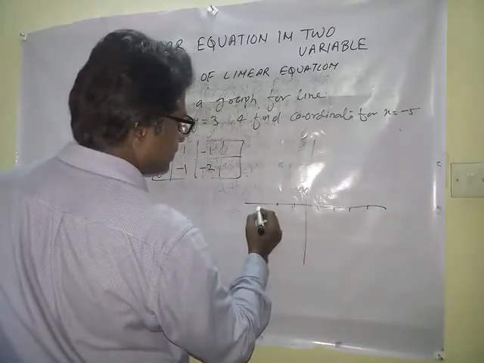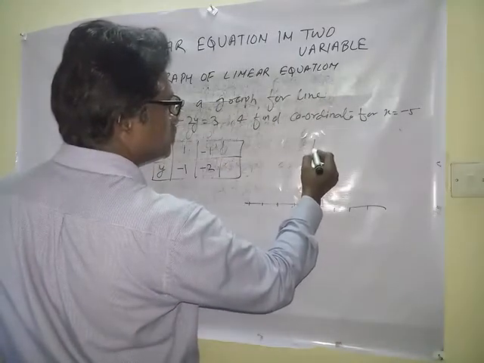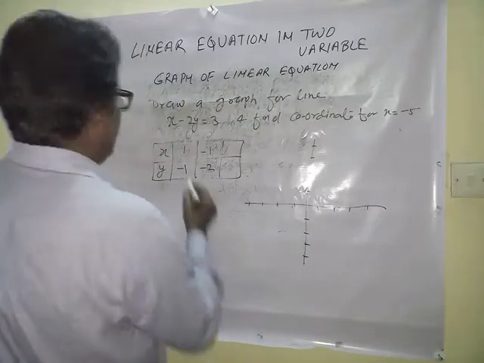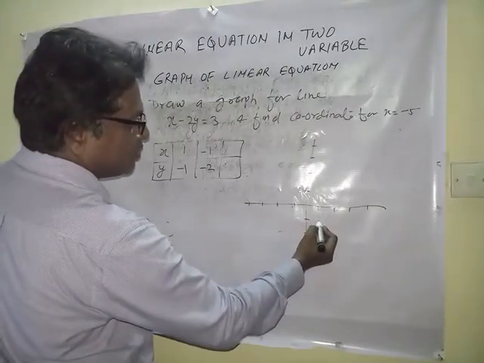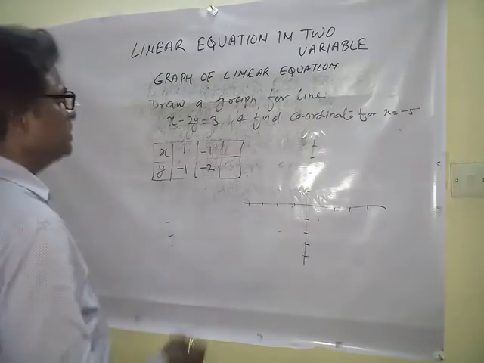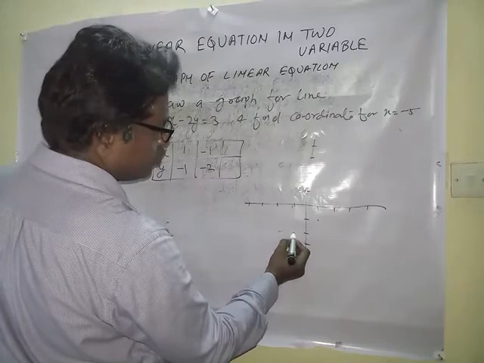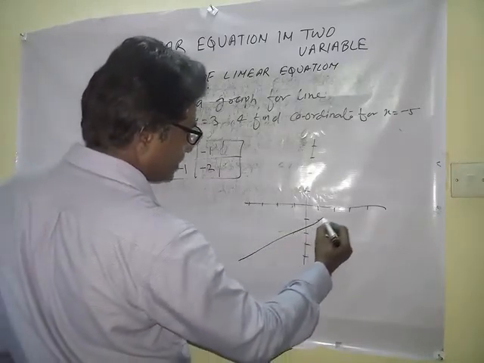This is the x-axis minus side value. This is the y-axis plus side value. This is the y-axis minus side value. So x is equal to 1 and y is equal to minus 1. This is the first point. X is equal to minus 1, y is equal to minus 2. This is the second point. Now you can draw the graph like this.